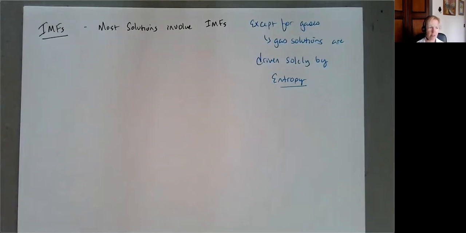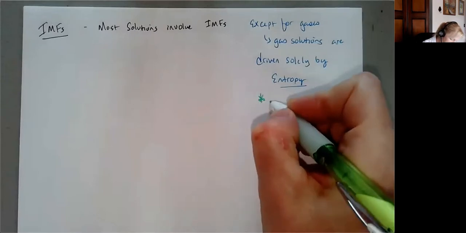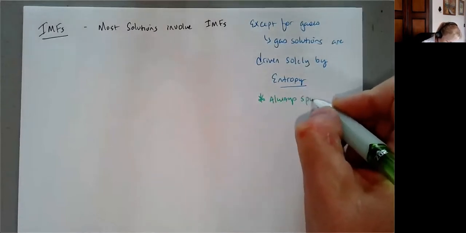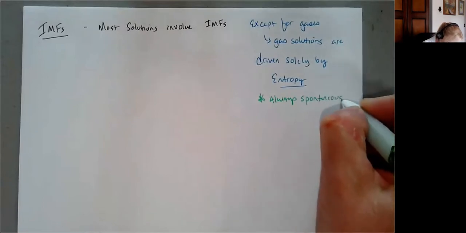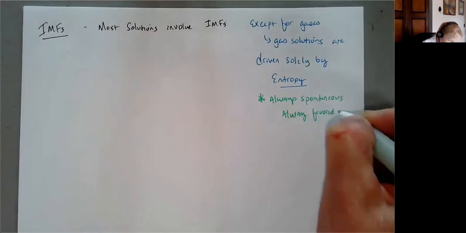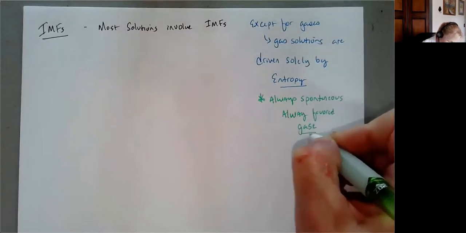And so the formation of a solution of gases is always going to be favored. It's always going to be spontaneous because you're always increasing the entropy. Always favored. And this is only for gases, right?